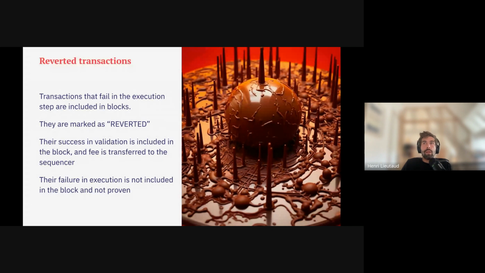If he says, okay, the execute passed, he has to prove what execute does. If he says execute failed, he doesn't have to prove that execution failed. He can just take whatever fee he wants, up until the maximum fee that was agreed upon by the person sending the transaction.